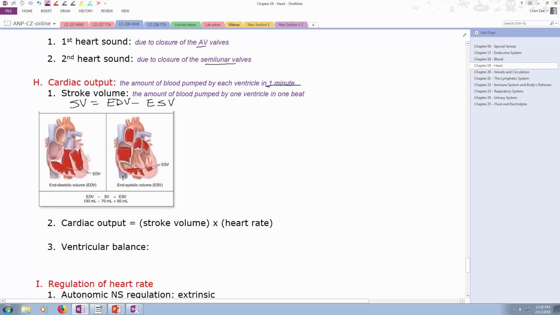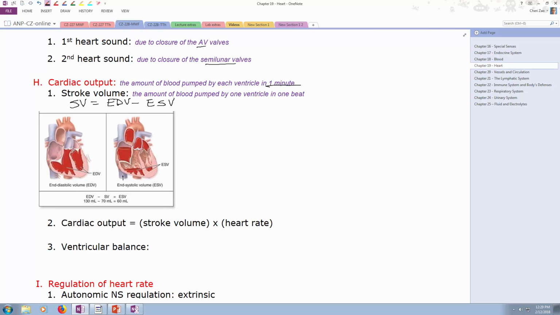End diastolic volume is at the end of relaxation, which should be when you are the most full, correct? And end systolic volume would be the volume of blood left over after you've ejected this. And so end diastolic volume will always be a larger number, and end systolic volume will always be a smaller number. Because if it isn't, we have a lot of heart problems going on.